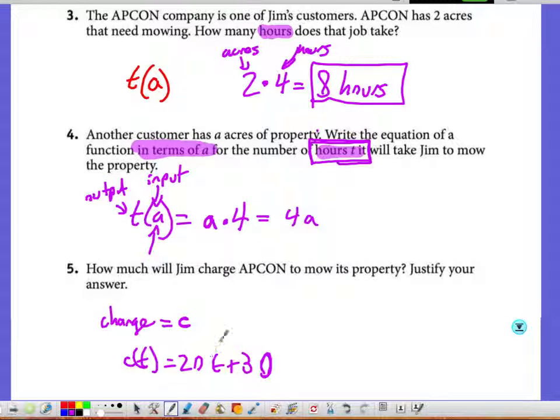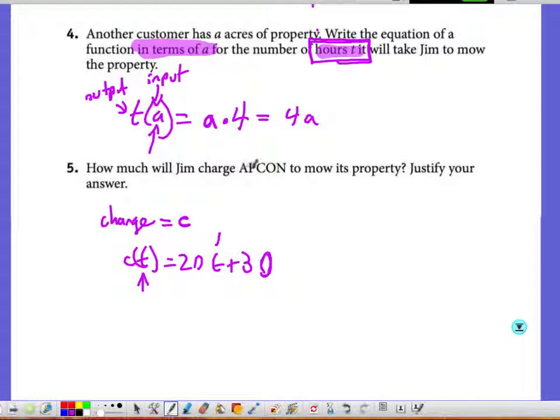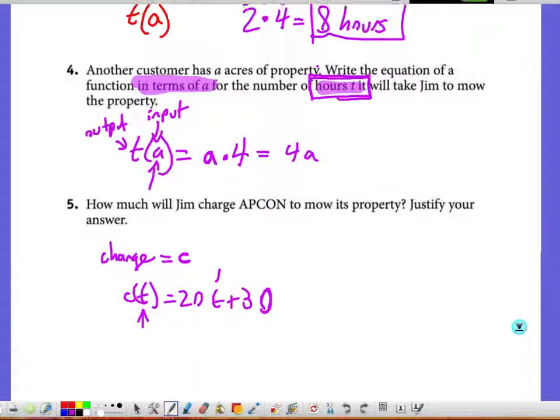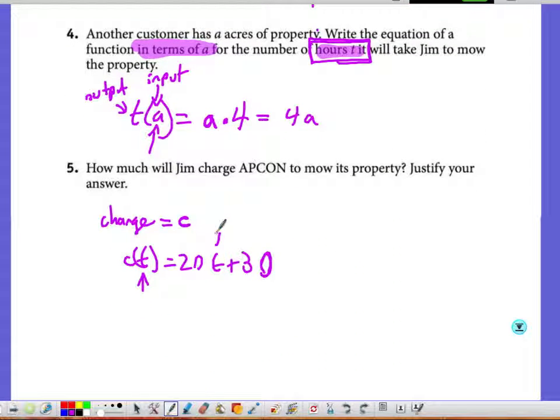And notice the input here is hours, and so ApeCon, if you can remember, needed 2 acres to be mowed, and we found that it takes 8 hours to mow those 2 acres. And since we have 8 hours, 8 is going to be my input. So C of 8 is going to equal 20 times 8 plus 30.